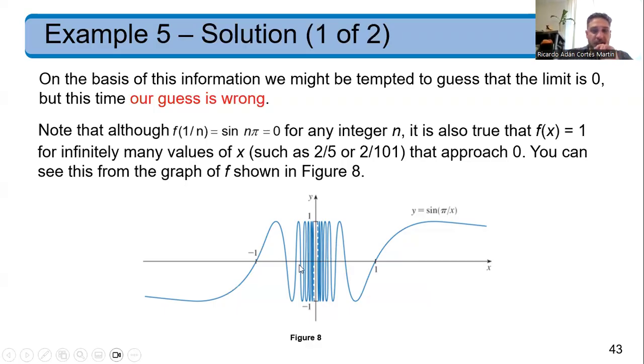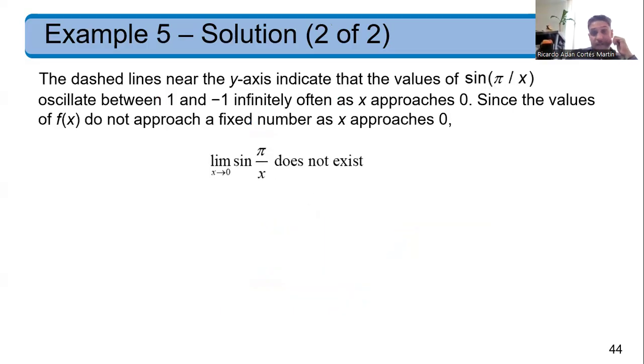And the other thing is that as we reach zero, this function gives a lot of movement, like a lot of oscillations. So what's going to be the limit from the right or from the left? It turns out that it is not defined. So the limit doesn't exist, not even from one side or from the other side.